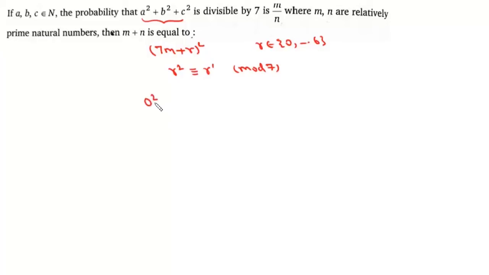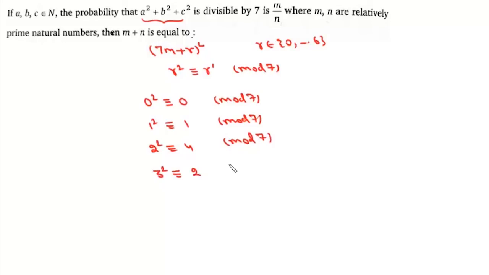Now when r square is 0, it is 0 modulo 7. If it is 1, it is 1 modulo 7. 2 square is 4 modulo 7. 3 square is 9, which is 2 modulo 7. 4 square is 16, which again is 2 modulo 7. 5 square is 4 modulo 7.